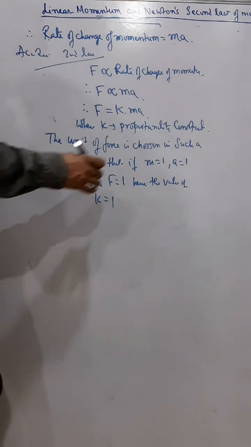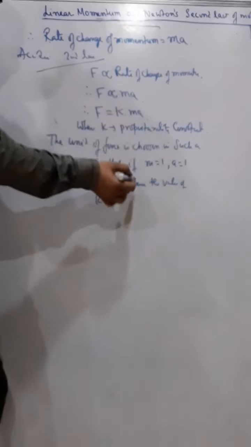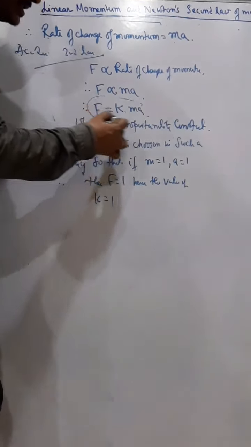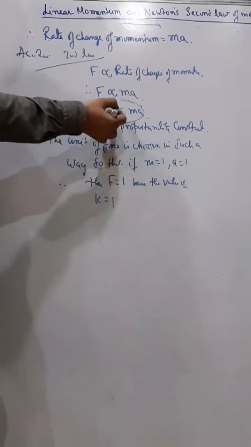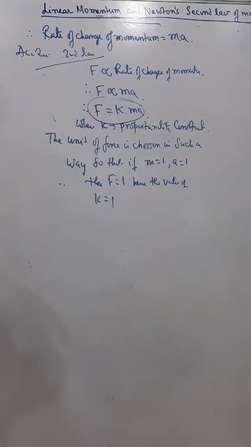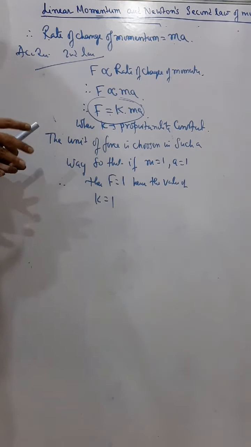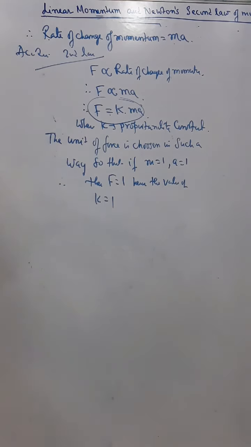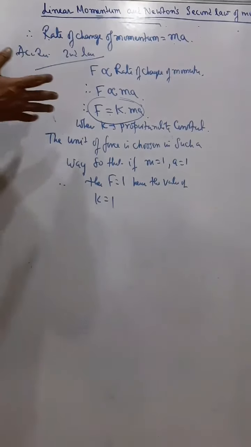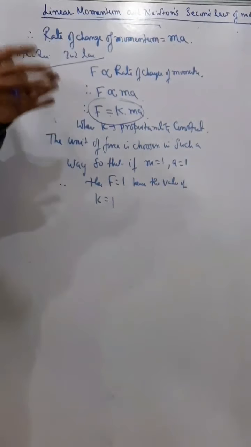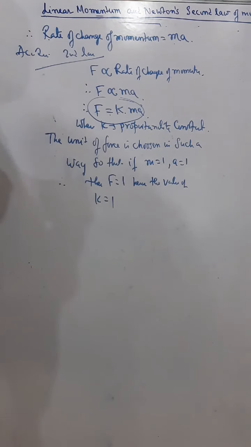The thing is that many of the students don't understand this: how F equals k m a becomes F equals m a, and how we got the value of k as 1. Now in the first chapter of physics, in measurement and experiment, we have studied the properties of units. The unit is chosen in such a way that it is a simple value. It does not create any confusion or complexity.